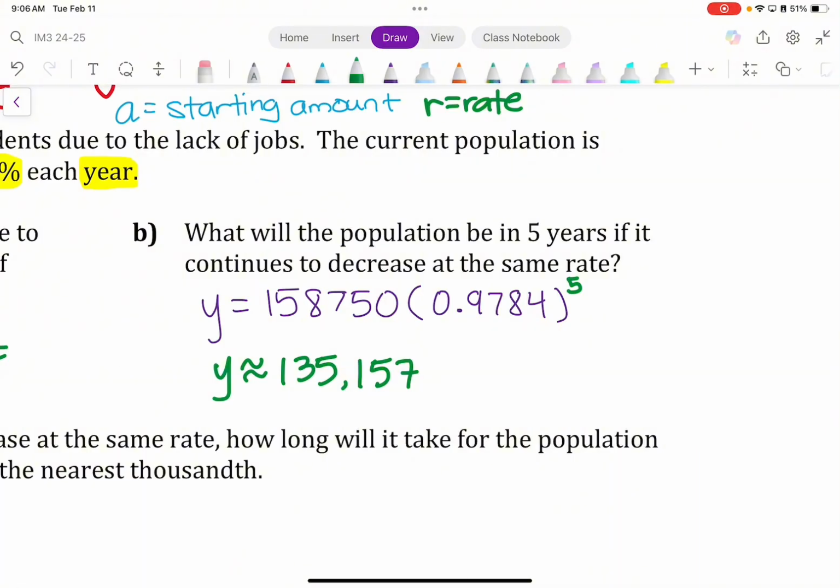What do we think about that answer? Okay. So most of you guys got that. Good. Very good. So maybe the decimal point or something was wrong there, Kyle. But yeah, the correct answer is 142,330 people. Okay, so it went down about 16,000 people. It's a lot of people to leave in 5 years.